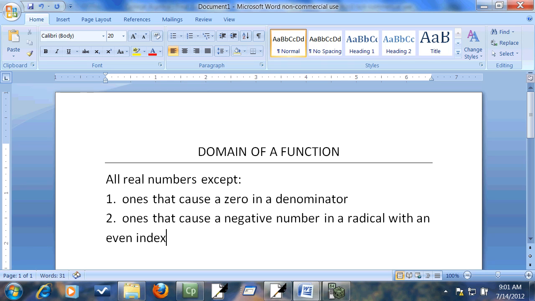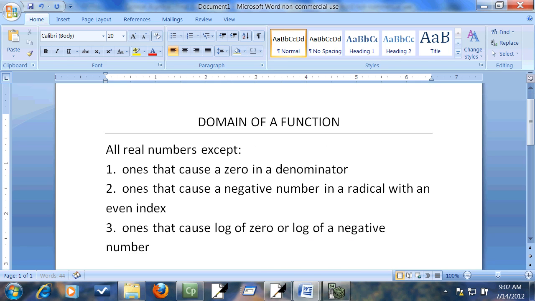Odd index doesn't matter. And ones that cause, well, let me word that differently, ones that cause log of zero or log of a negative number.